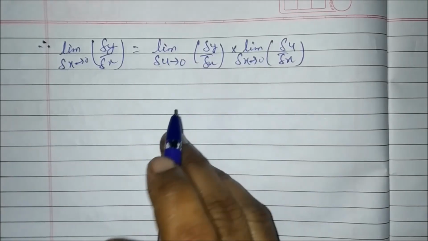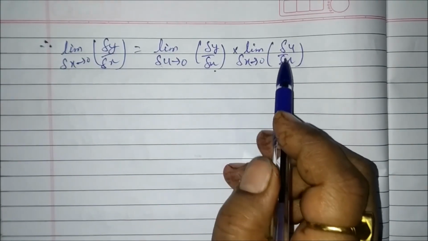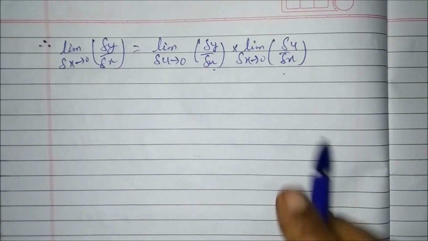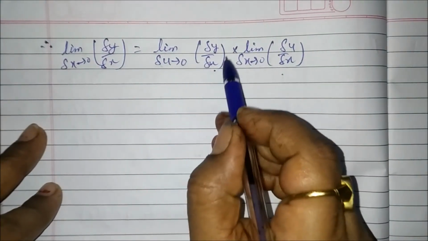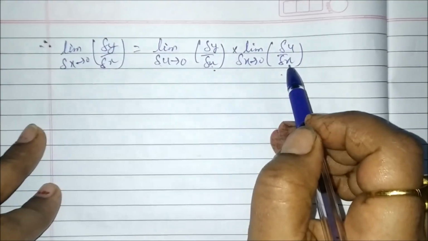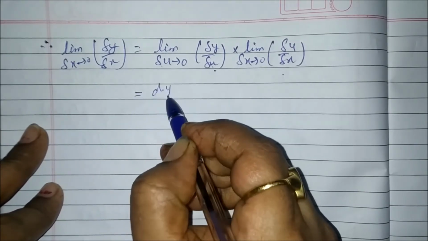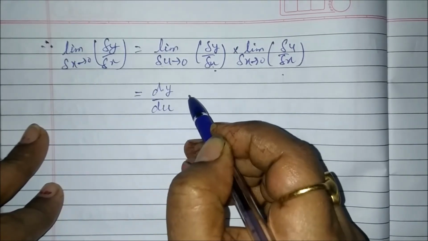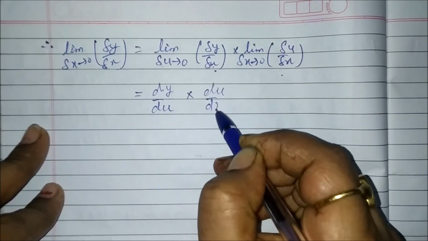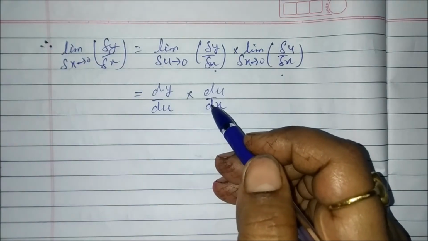Now since y is a function of u and u is a function of x, in place of this we will write dy by du, and in place of this we will write du by dx, by the principle of the first method.